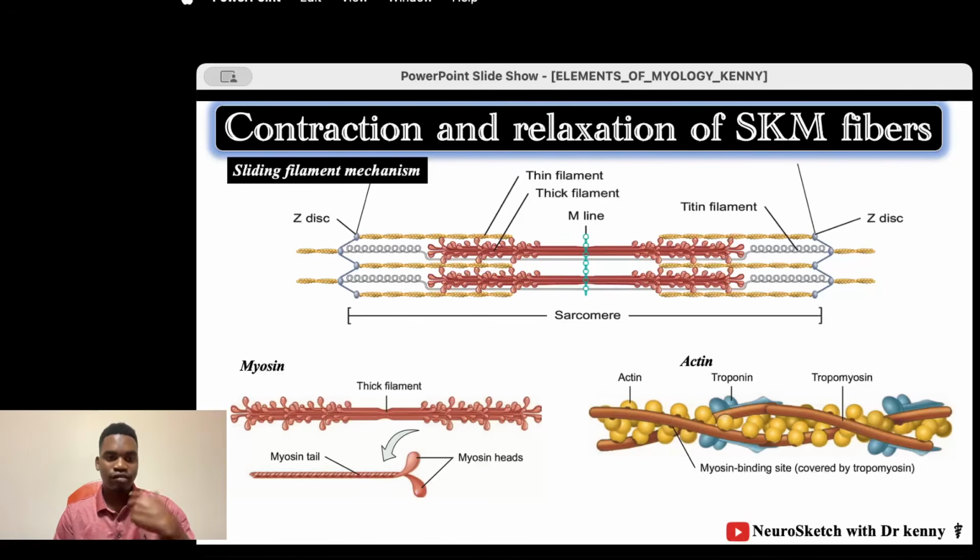What's the function of myosin? The function of myosin is to change chemical energy into mechanical energy. So you know the law of transformation of energy. We have energy in the form of ATP, and this energy is needed to produce a movement, because no movement can be made without using energy, right?